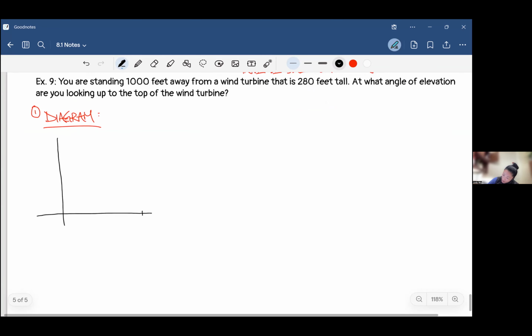You were standing 1,000 feet away, and the wind turbine is 280 feet tall. And the angle of elevation is going to be this angle right here. Okay, so the angle that you're looking up at the top of this wind turbine.